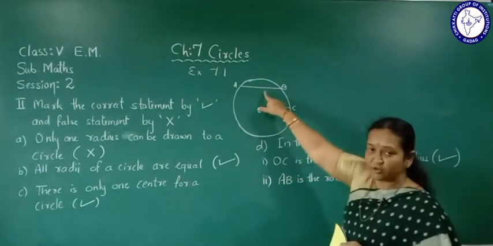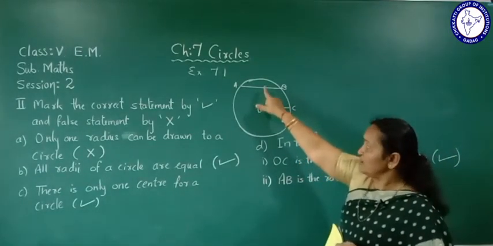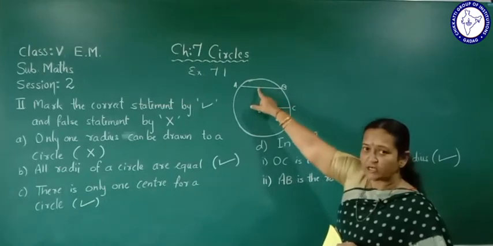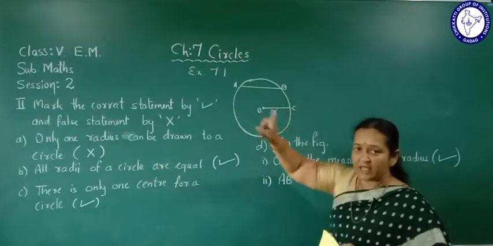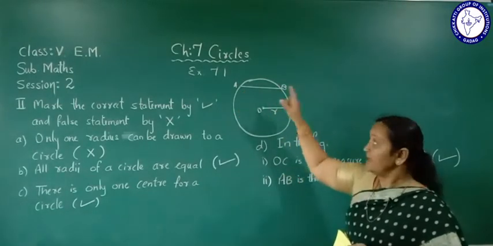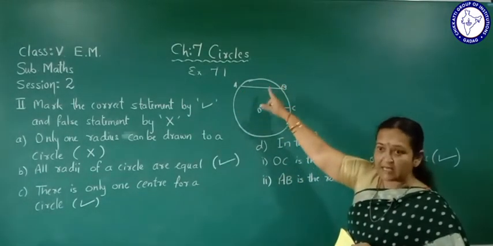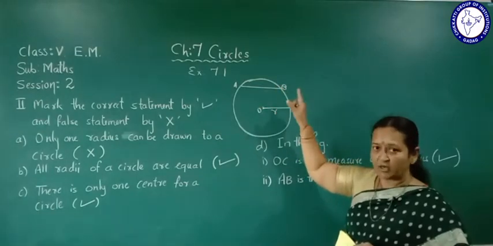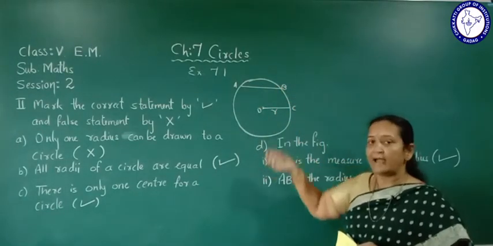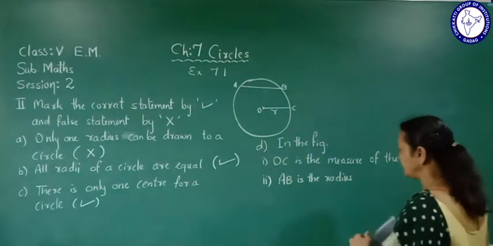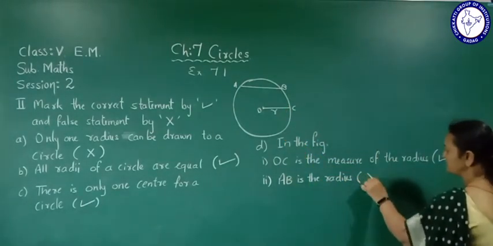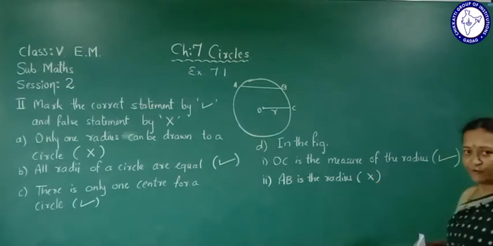Is it passing through center of the circle? No. Here center of the circle is not touching to any point on the circle. Therefore, AB is not a radius. The other name for AB is chord. AB is chord. That you will learn in your higher classes. But here AB is not a radius. So therefore, this statement is false.